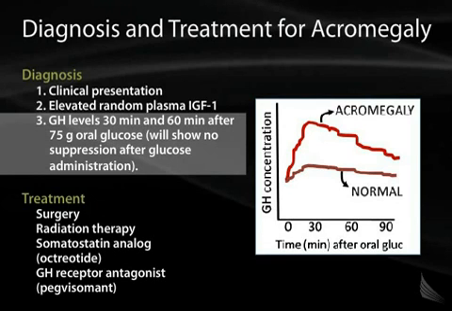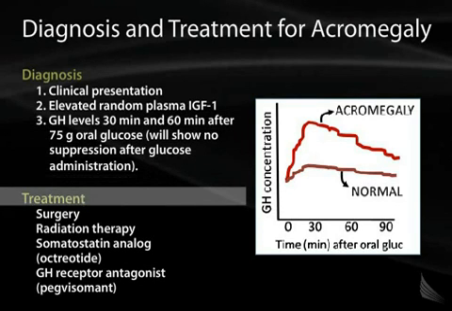So that would really be a very strong indication that someone has growth hormone excess, because normally glucose should be suppressing growth hormone. But in a pathophysiological situation like acromegaly, glucose is unable to suppress growth hormone.